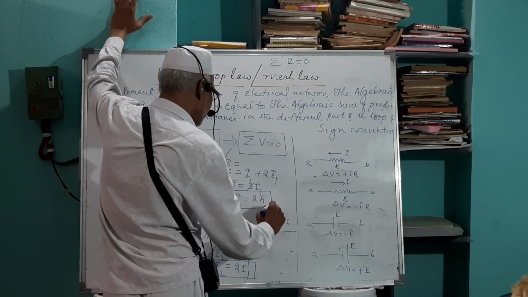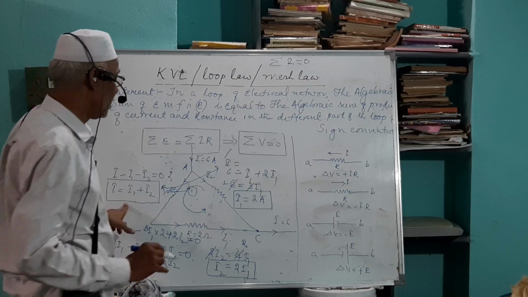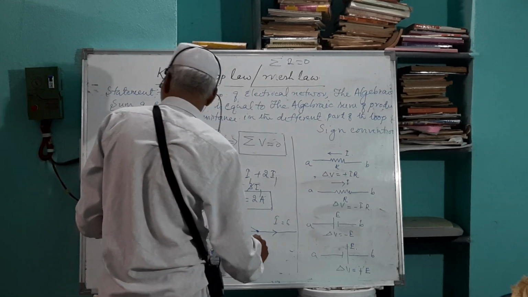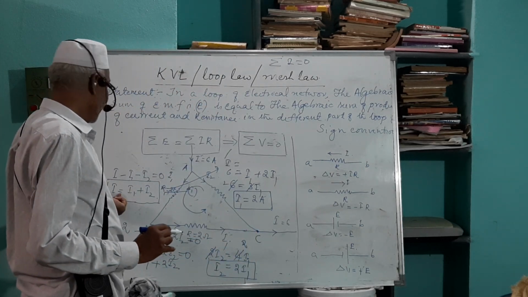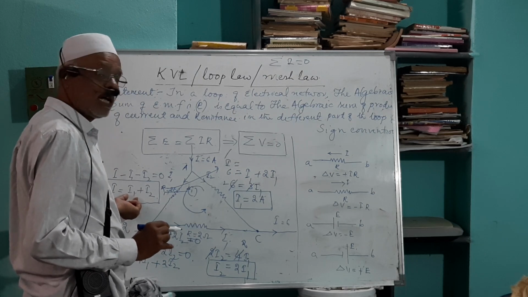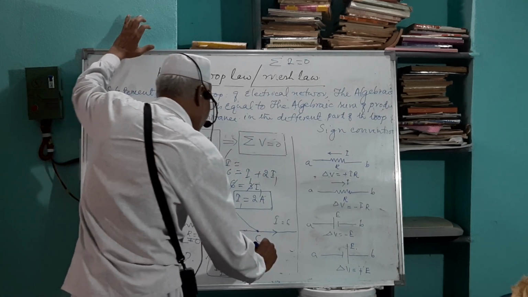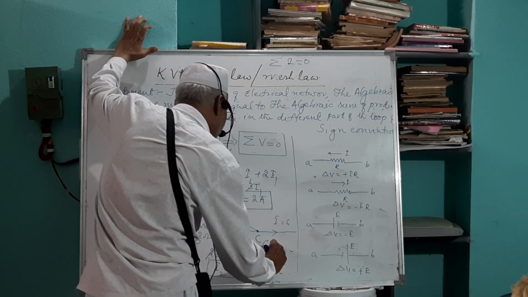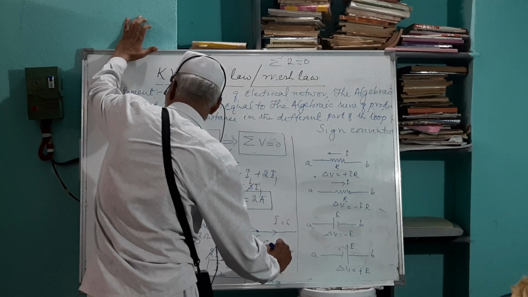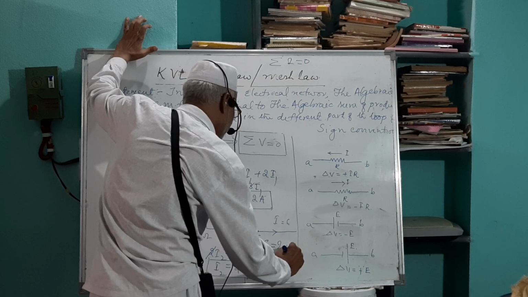Further, once again you consider equation 1. In equation 1, you know that the main current value is 6 ampere, and the branch current I1 value you just evaluated, that is 2 ampere. So 6 is equal to 2 plus I2.